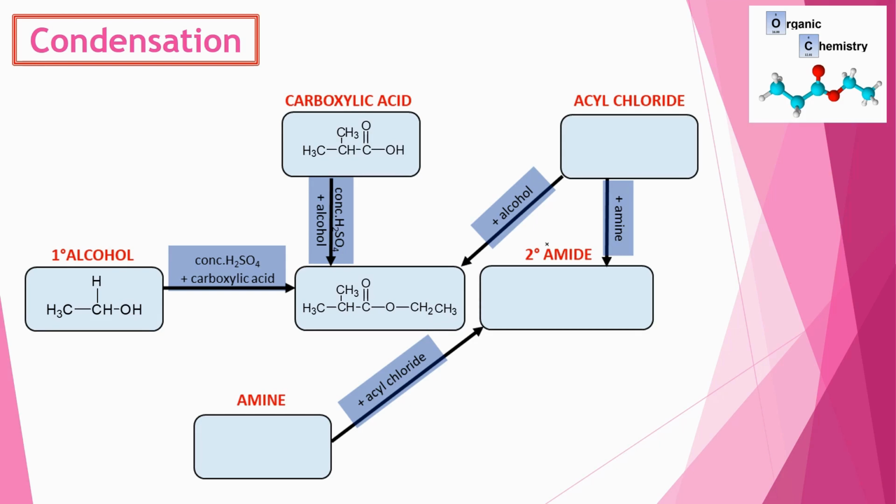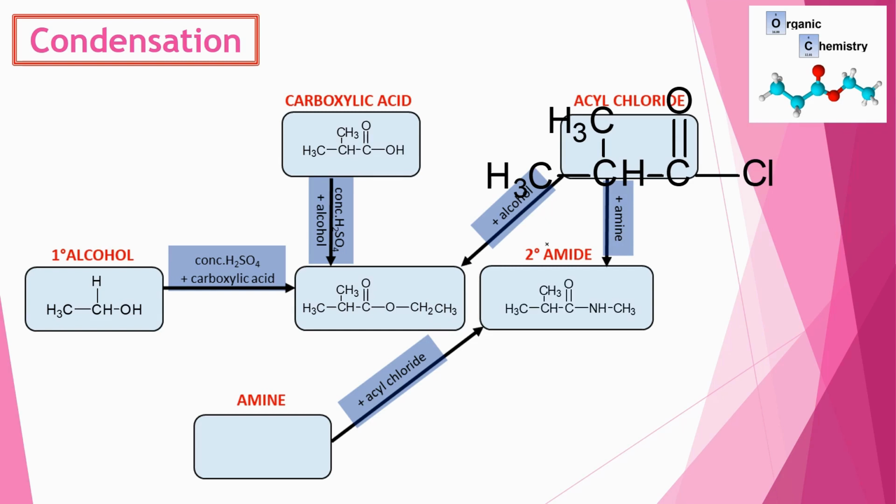And we would expect it to react without a catalyst because acyl chlorides are very reactive. Acyl chlorides will also react with amines. So it's going to carry out this reaction here to produce the secondary amide. And of course, an amine and an acyl chloride from here can also produce this secondary amide.